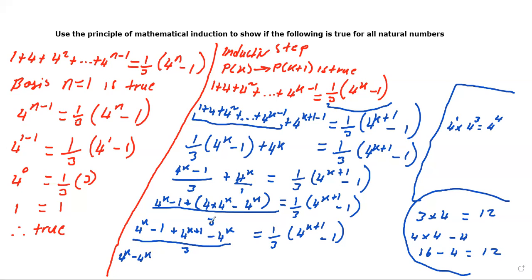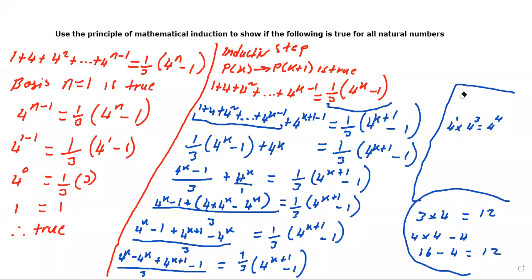And that's going to eliminate the 4 to the k. And we are left with the plus 4 to the k plus 1, and the minus 1 here, minus 1. And all of this is over 3. That's going to be equal to 1 over 3 into 4 to the k plus 1 minus 1.